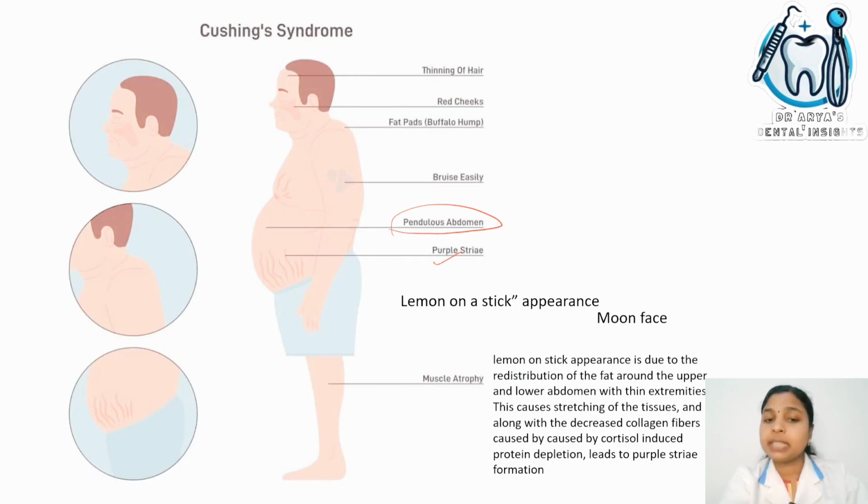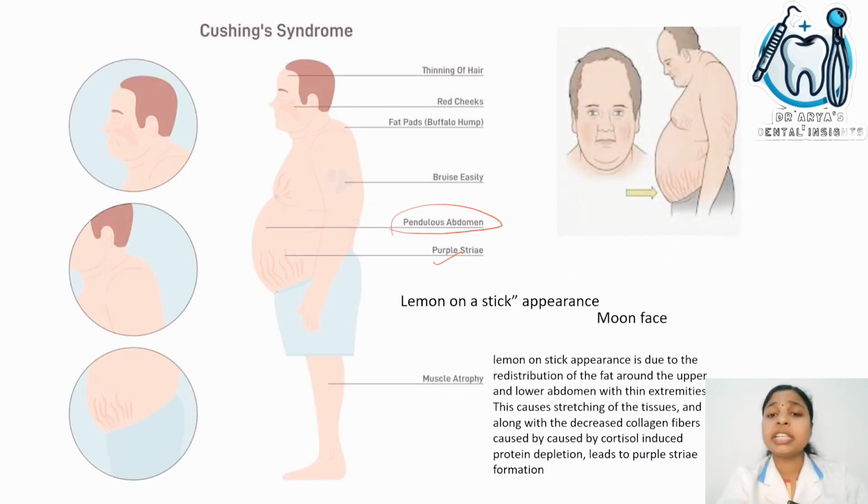Then purple striae are seen, and also there is muscle atrophy. One more feature here is the moon face. Moon face is also a feature of Cushing syndrome, and lemon on stick appearance is also seen in Cushing syndrome. It is due to the redistribution of fat around the upper and lower abdomen with thin legs.